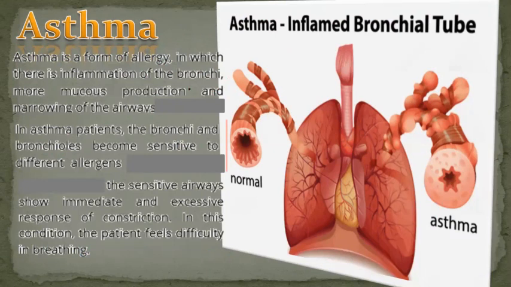There is inflammation of the bronchi here, and then more mucus production narrowing the airways. These are the normal airways, and after that inflammation is done, due to these allergens. So what are allergens?